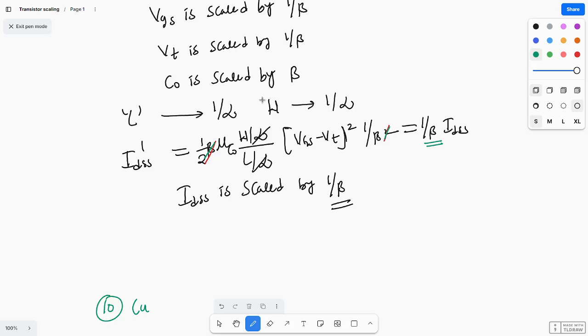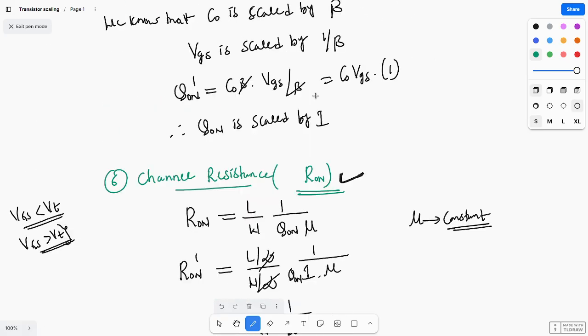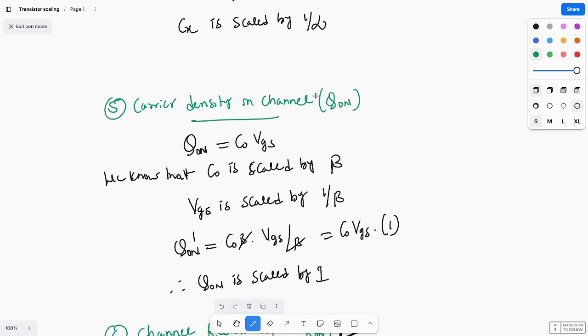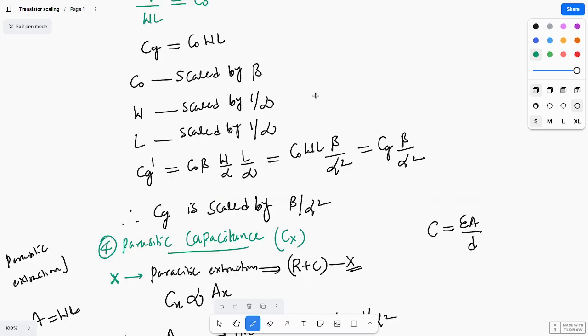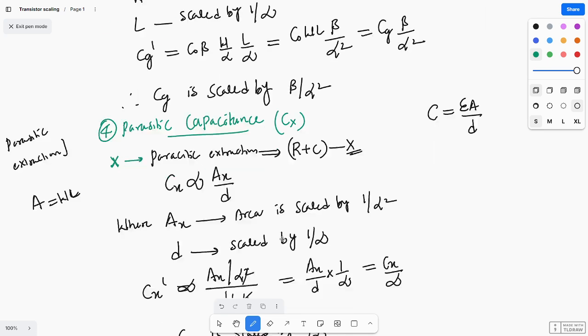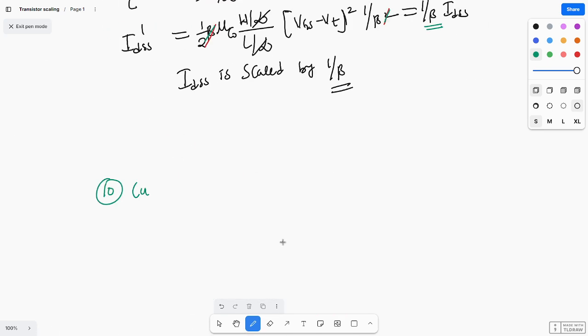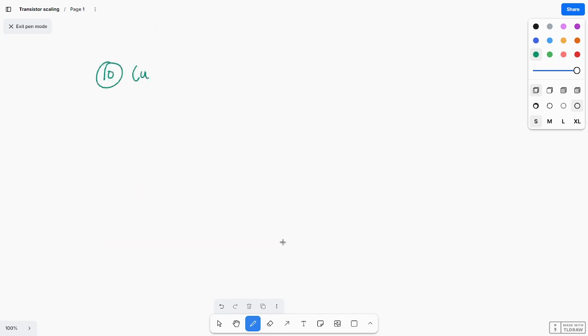Previously we saw in gate capacitance, where we are seeing the gate capacitance per unit area, that is nothing but C naught. C naught, the gate capacitance per unit area, is scaled by beta, no? That beta I substituted here. Understood? Yes, sir.